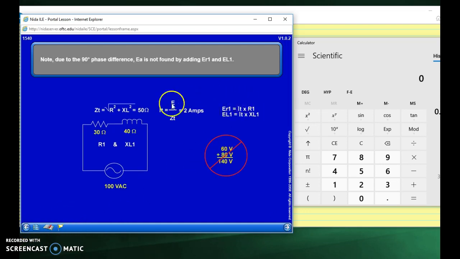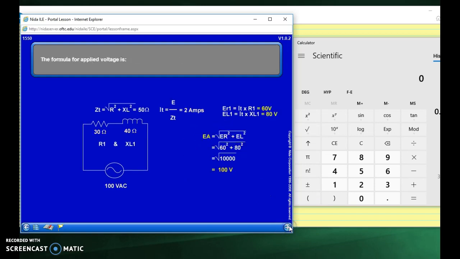Just remember, we took the current, the 2 amps, and multiplied it times R1. 2 times 30 gave us 60. 2 times 40 gave us 80. And we talked about how that could not be added together. So now we're taking those same values and squaring them, adding them together and getting the square root. That's how we get our applied voltage. So again, new rules, new game. We've got to learn how to play it.